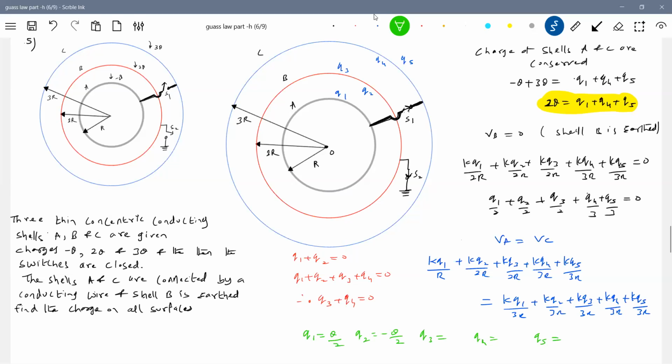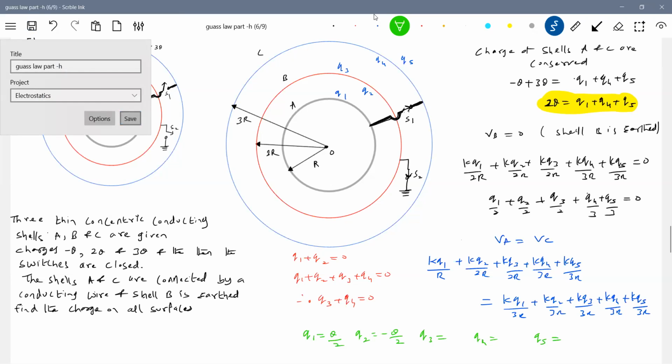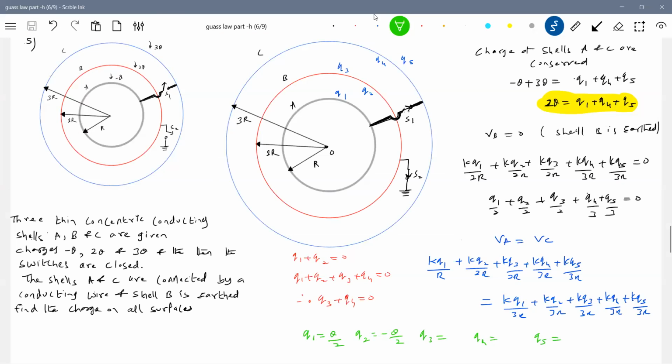Let me wind up this question after getting the answer. Anybody, the value of Q3?